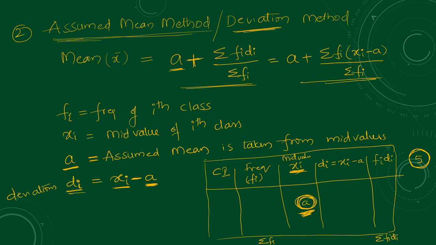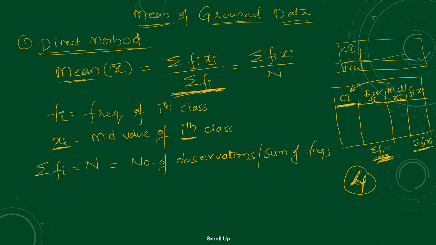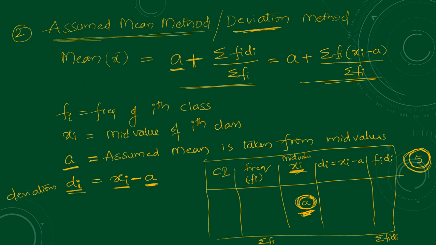These two things you need to remember. And here we have 5 columns. In the previous one we had 4 columns, now we have 5 columns. Just remember method by method.